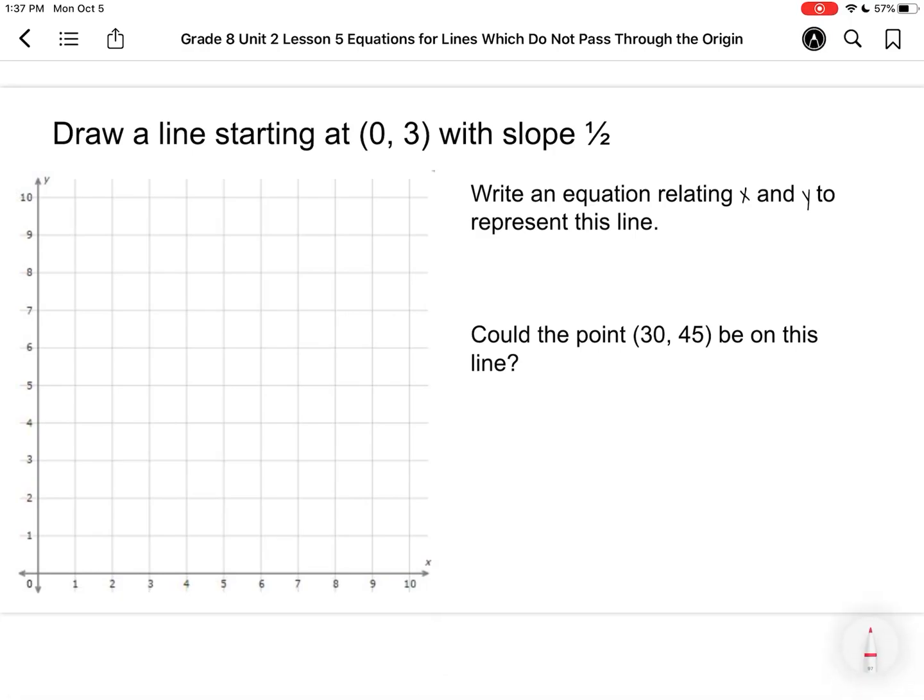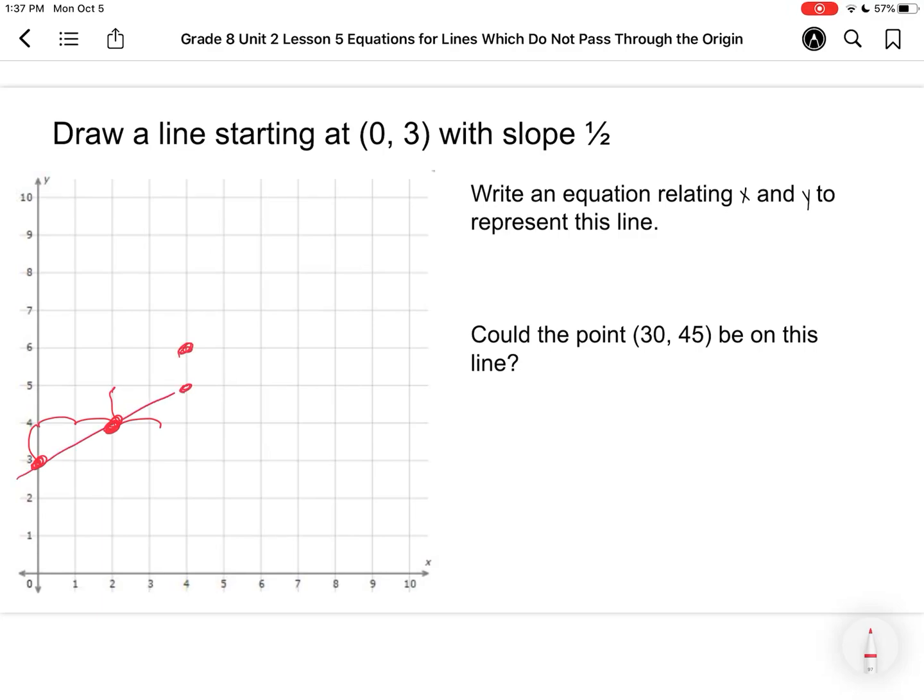So let's look at one more example here. We're going to start at 0, 3, and with a slope of 1 over 2. So we're going to vertically increase 1, horizontally increase 2. Up 1 to 2.